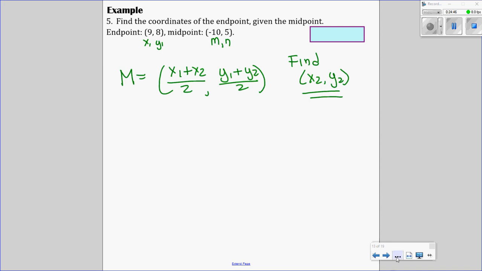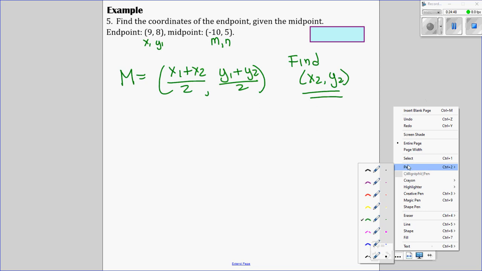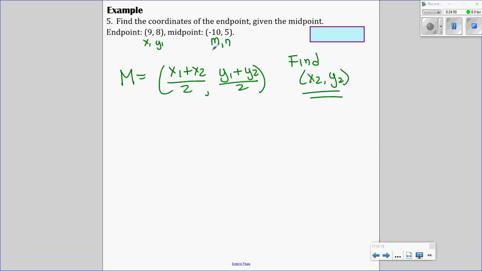Let me put it in another color. So if you want to, this is big X, and then this is big Y, if you wanted to use that. This I'm going to put as big X, big Y. So since you have one of the x's and one of the y's, we're going to split it up.